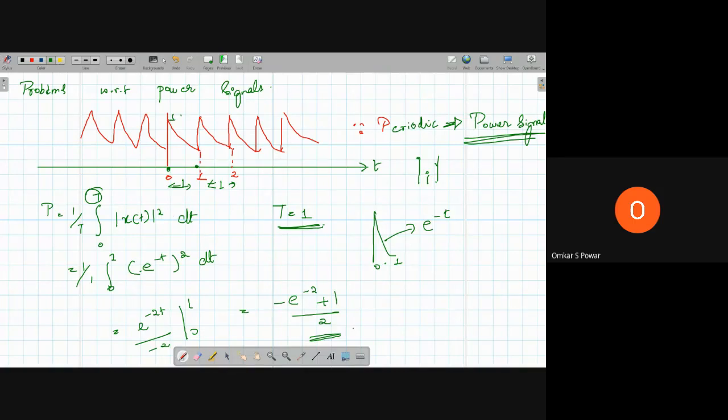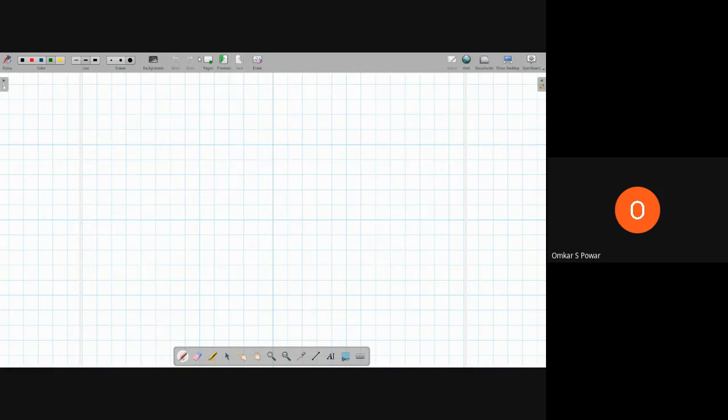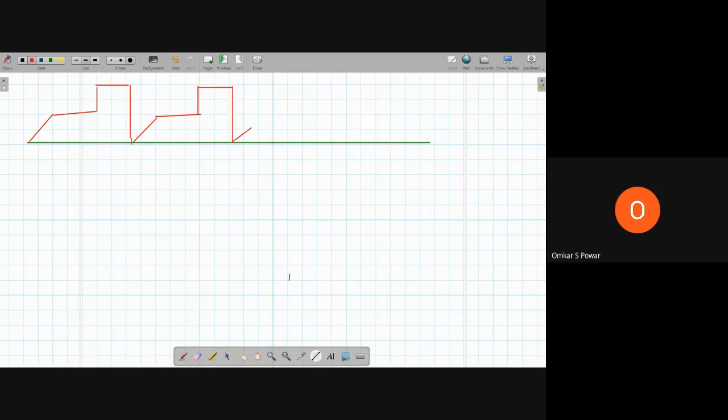So let me take you to another problem which will give you a much better idea. You have a signal like this here. So this repeats. It will not be as good as your drawing in the textbook because I'm using the open board here.